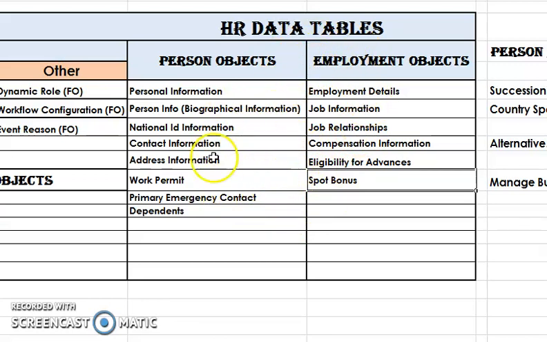But after 2015, we have got an alternative. SAP SuccessFactors has given us an alternative where we can do the configuration without using XML or data model, or without using succession or country specific data model. We can configure these by using the manage business configuration, that is BCUI. From 2015, we are doing the configuration of person objects and employment objects with the help of BCUI, that is manage business configuration.